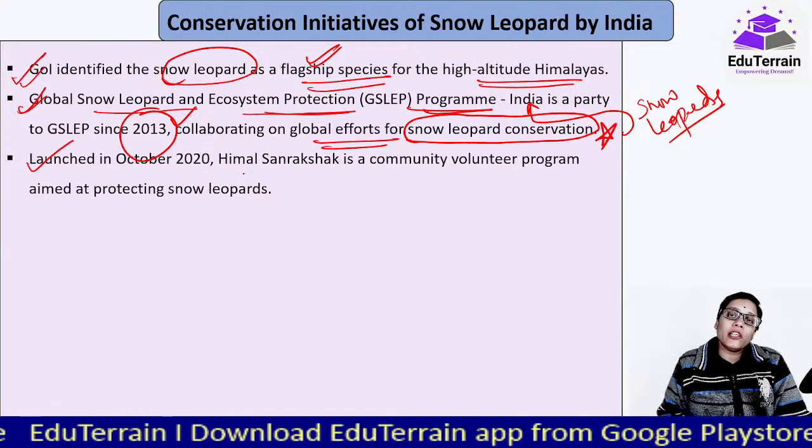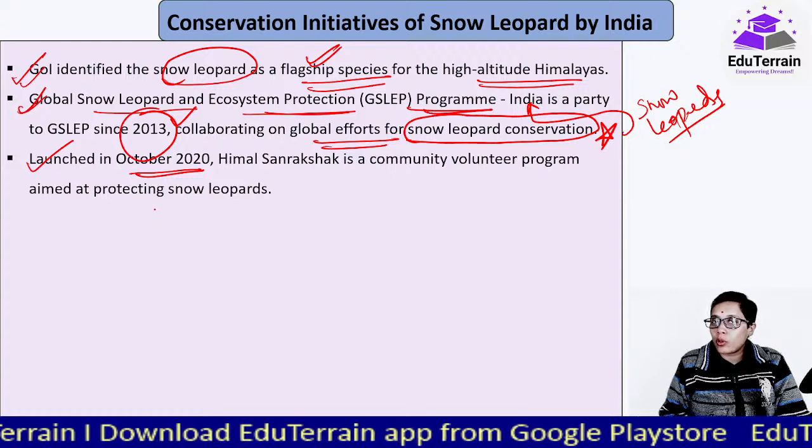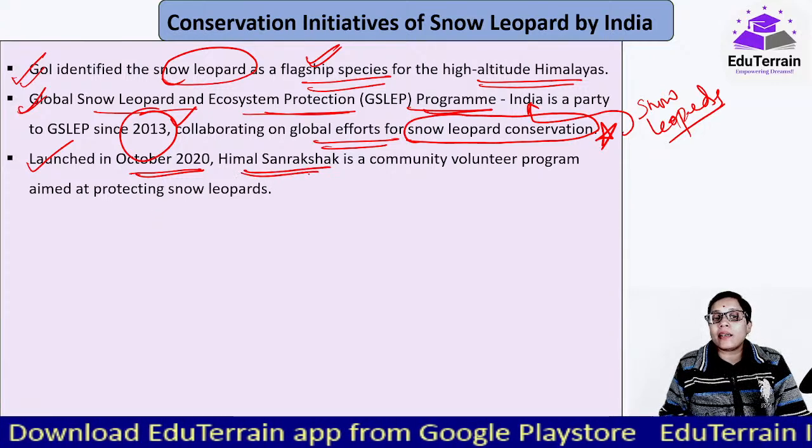Now, another initiative has been taken up in October 2020, and that is Himal Sun Rakshak.